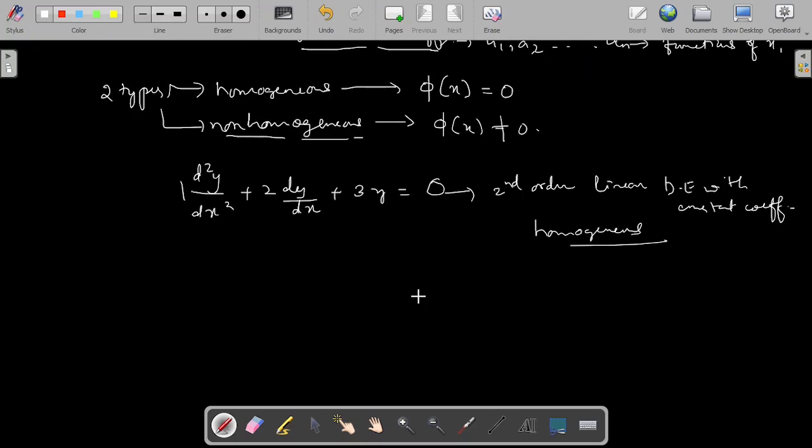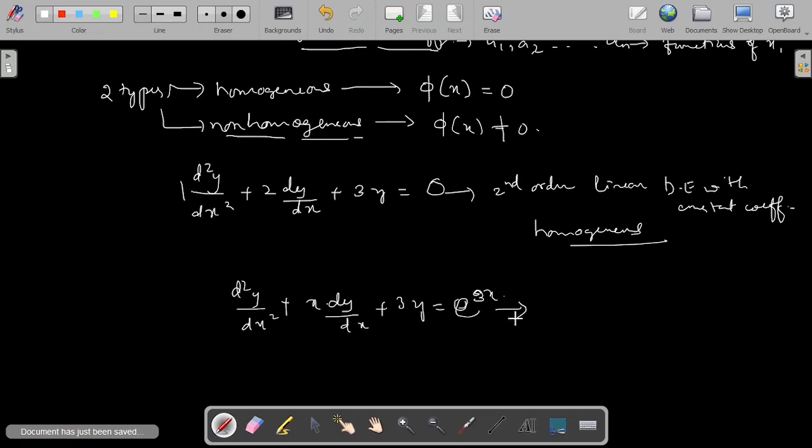Next, similarly, one more you can have, like d square y by dx square. I am giving just a general example, whether it is solvable or not is secondary, just an example to understand differential equations. Now x into dy by dx plus 3y equal to e to the power 3x.